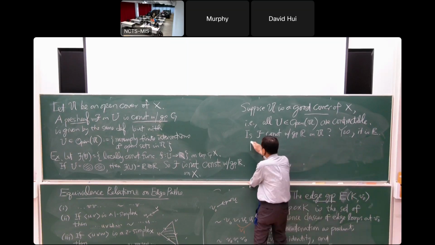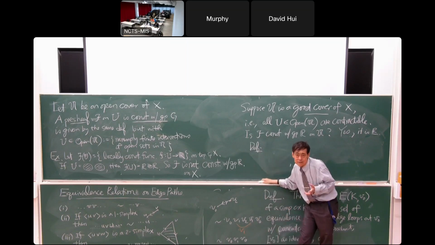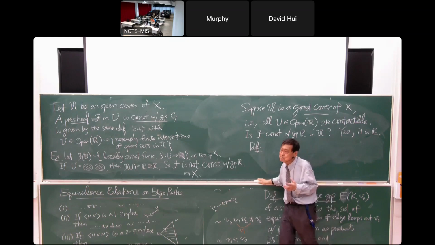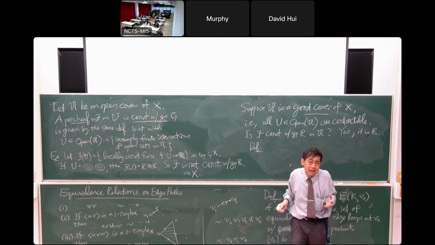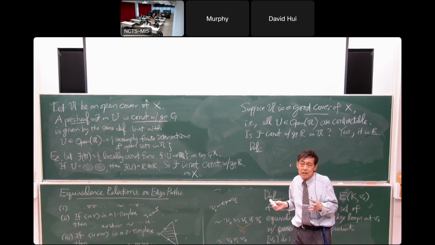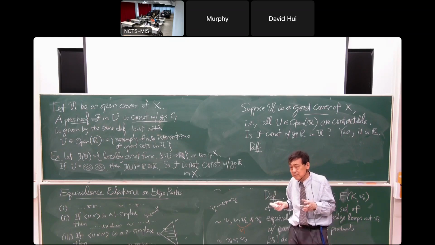And now let me define a locally constant pre-sheaf. This definition is not standard. I have not seen it anywhere, but it's a useful definition. And I think it's not in the literature because people usually define Čech cohomology using sheaves.